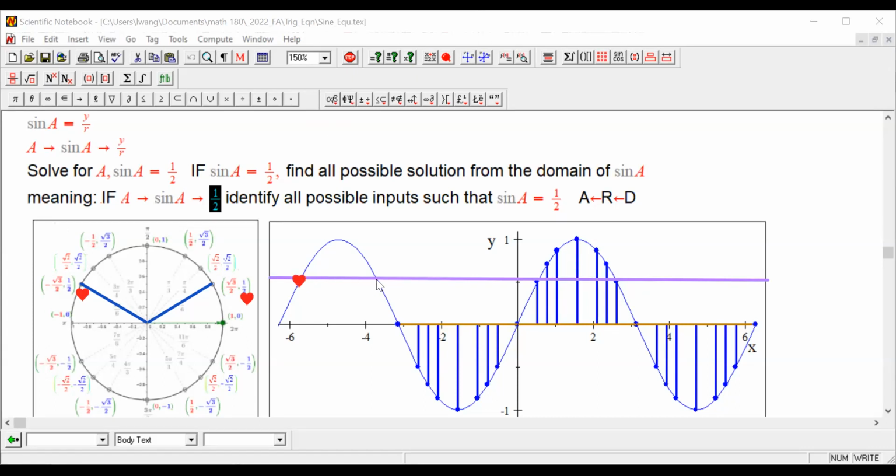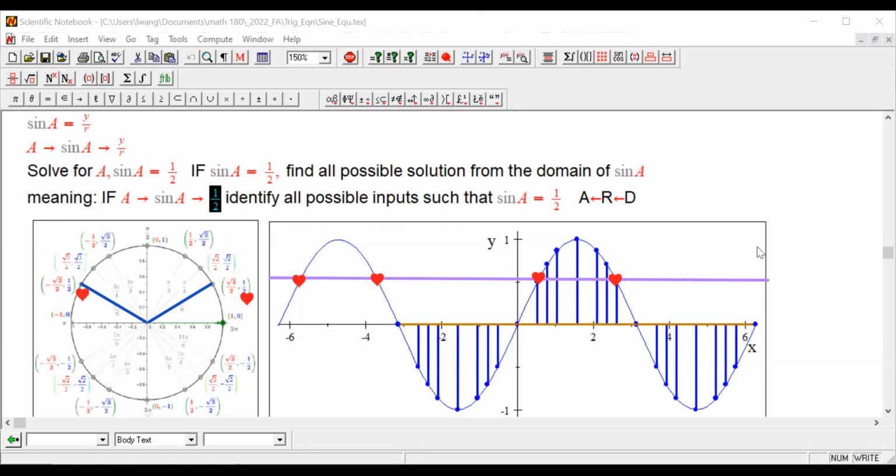We have a solution here, here, here, and here, and we have many, many more because this curve goes on indefinitely from negative infinity to positive infinity.